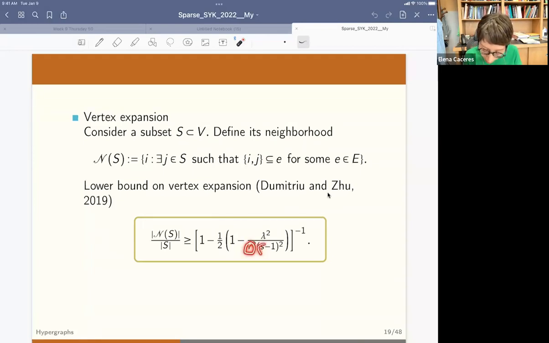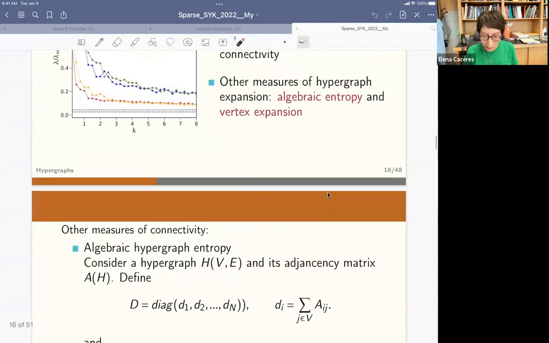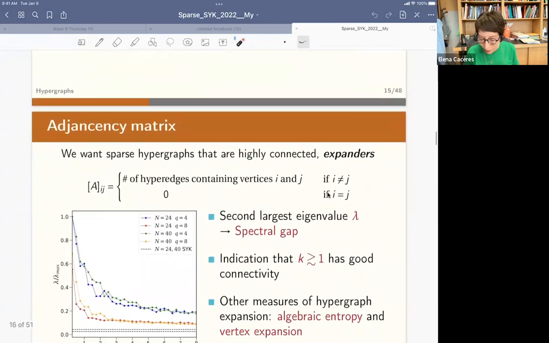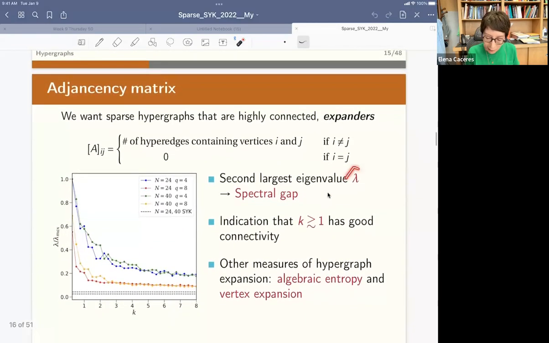Again, RS here, I remember we defined RS regular hypergraphs. For us, K and Q give R, and S is equal to Q. And lambda is the spectral gap. So to quantify the expansion of this graph, all you really need is the adjacency matrix and to calculate the lambda.